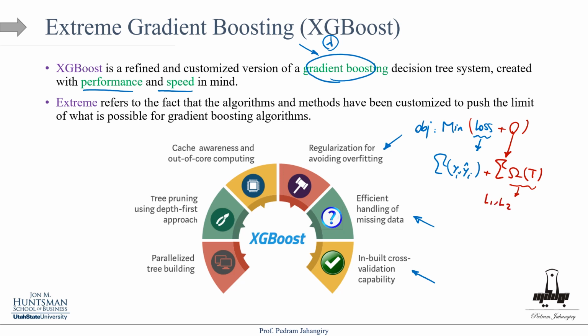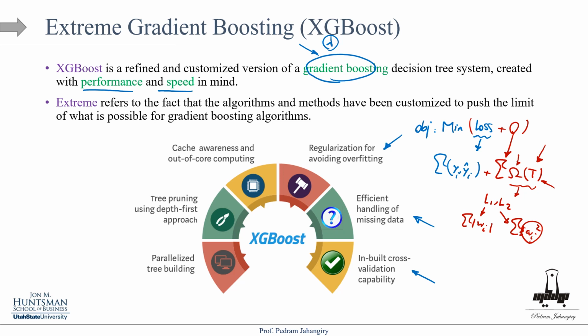For example, we have different weights for each terminal node, and we can use the L1 norm, the summation of absolute values of weights, or we can use the L2 norm, the summation of squares of all those weights, right? Regardless, the idea is that it's going to penalize adding each tree by using this omega function. So basically, this is exactly what we did in regularization, the penalized regression models, right?